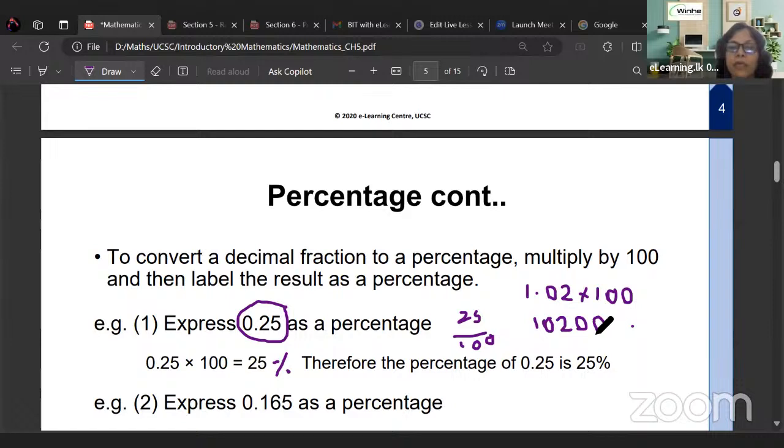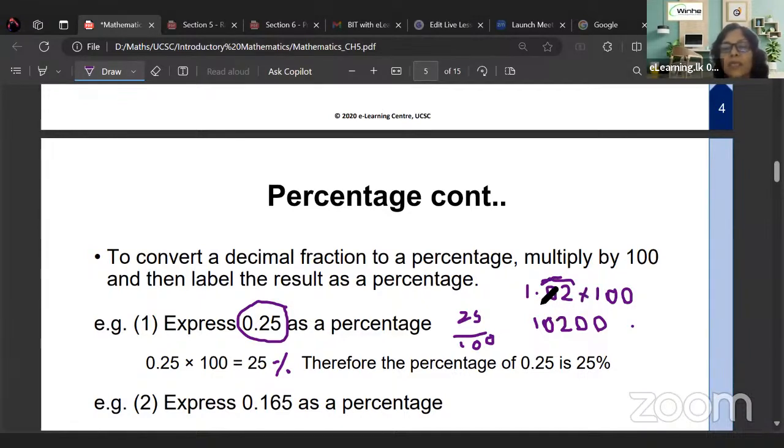Now how many decimal places are there? Starting from the decimal point, check your right-hand side. When you check the right-hand side, there are two numbers after the decimal point, the numbers 0 and 2.